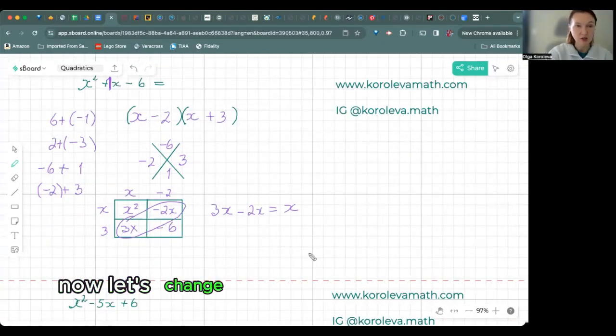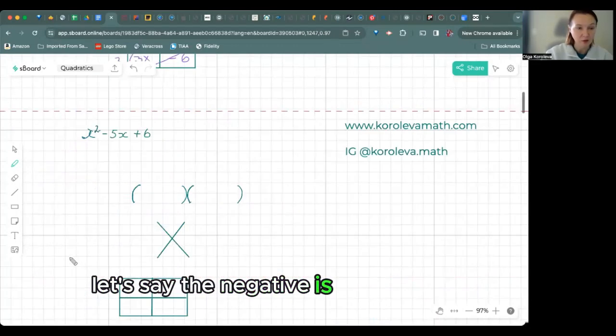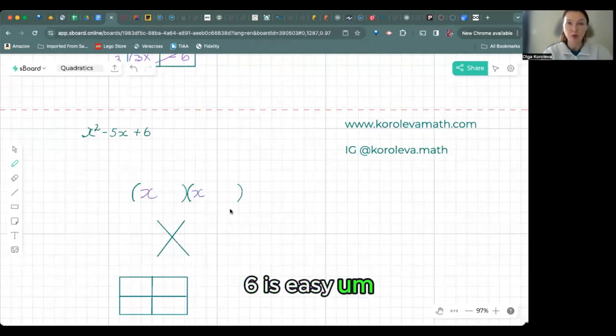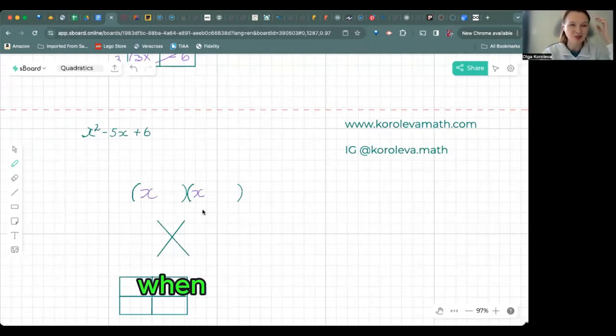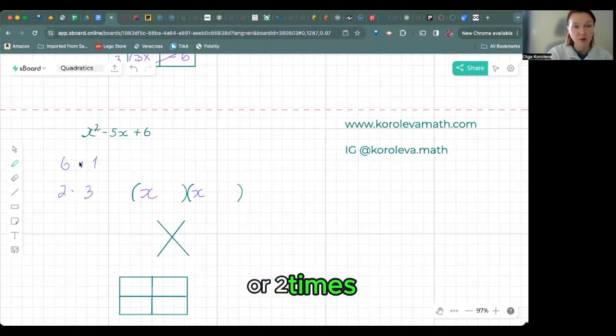Now, let's change our negative from the last term. Let's say the negative is in the middle term, x squared minus 5x plus 6. Again, 6 is easy. We're back to our first case when it was easy to figure out 6. So it looks like maybe it's going to be 6 times 1 or 2 times 3.